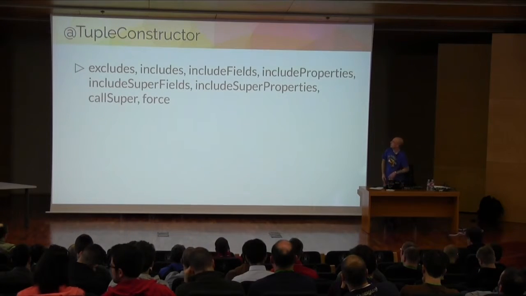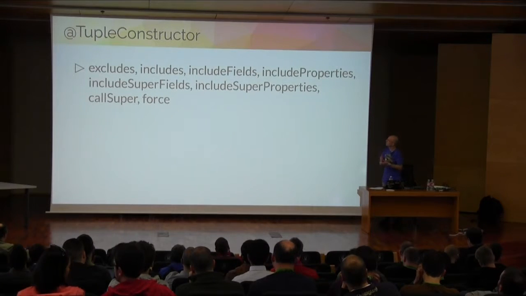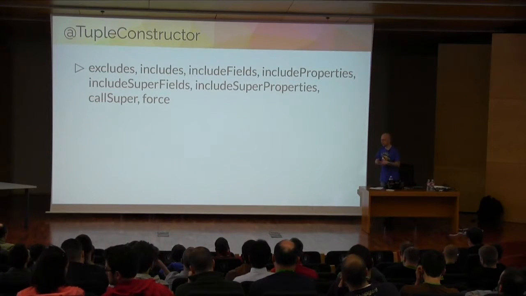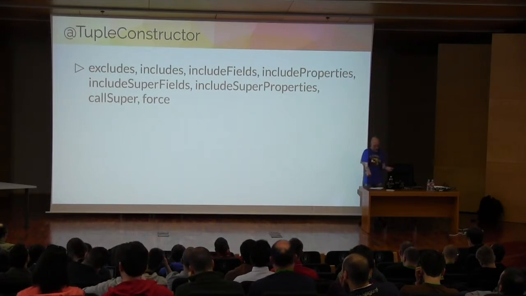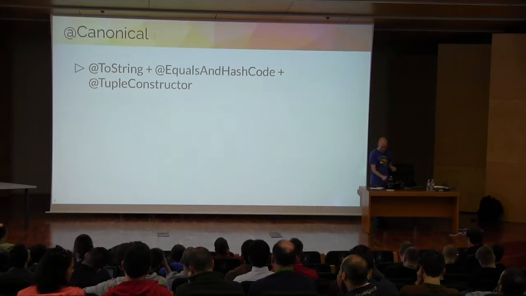And again, you can customize this annotation with all of this stuff, including some properties, excluding, and so on. And as these three annotations are usually used together, you can just use @Canonical.